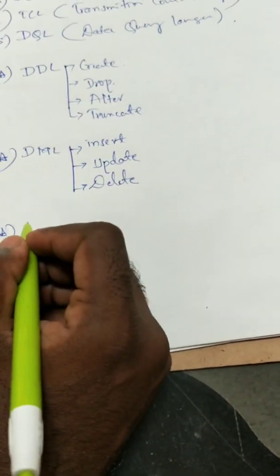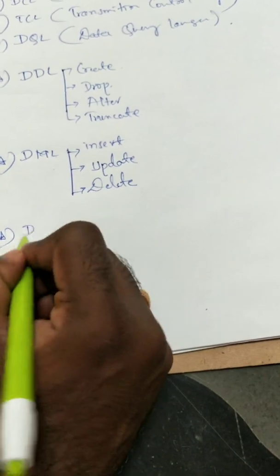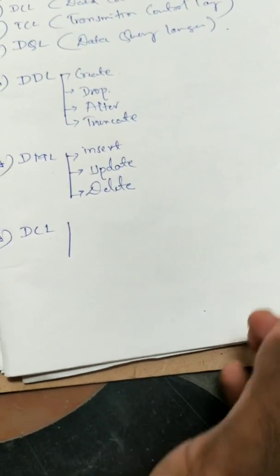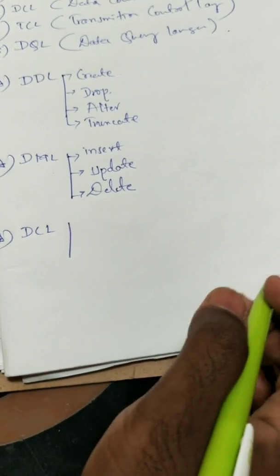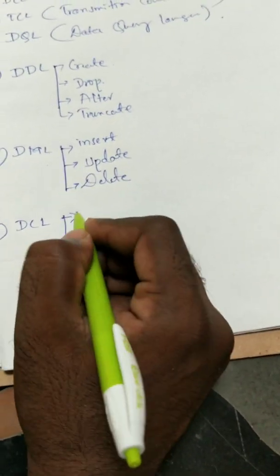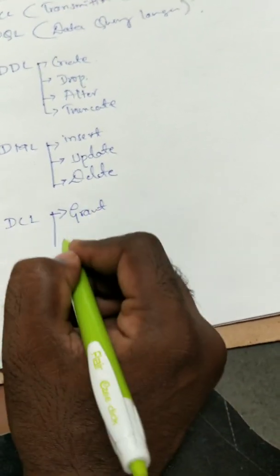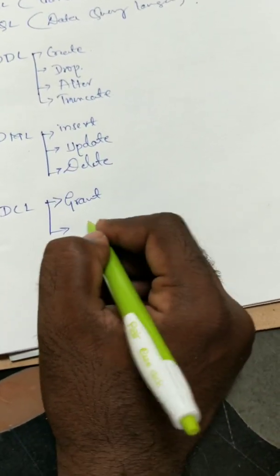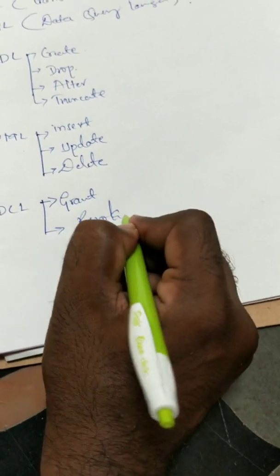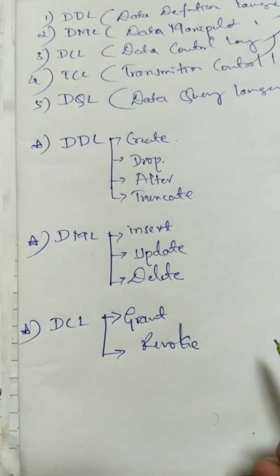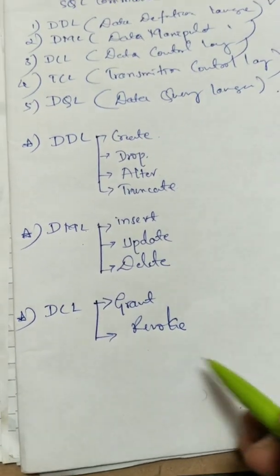Next we have DCL, data control language. In data control language we have the grant command, and one more, that is revoke. Okay, these are the commands in DCL.